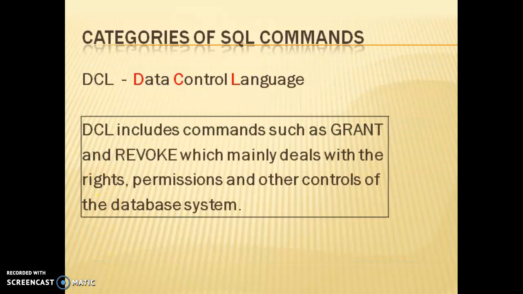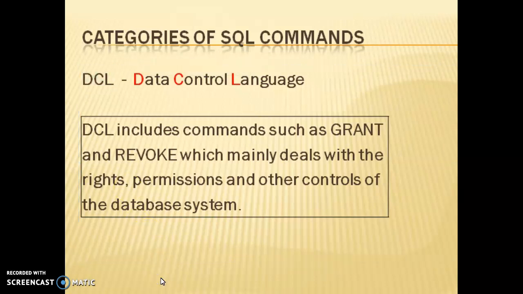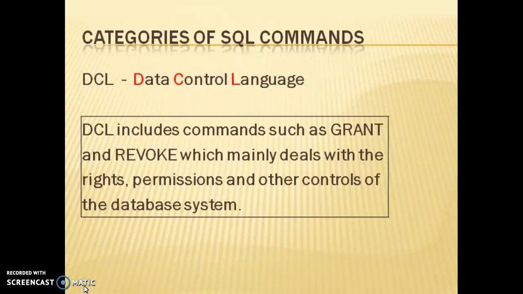And the last category of SQL commands is DCL, and this DCL is not in your syllabus. In your class 12 syllabus, DCL is not there, but you can know this, okay? You can learn this. DCL is nothing but Data Control Language. This DCL is used in industries.